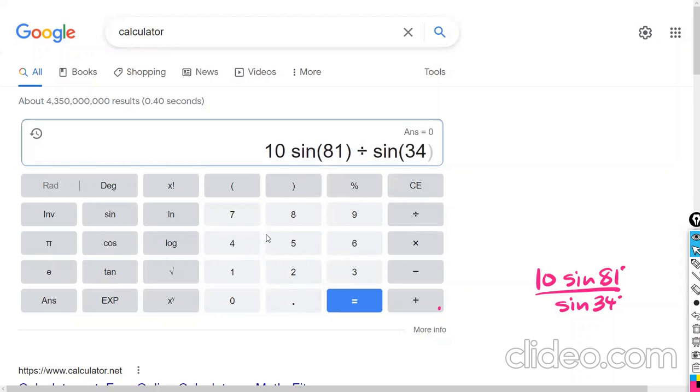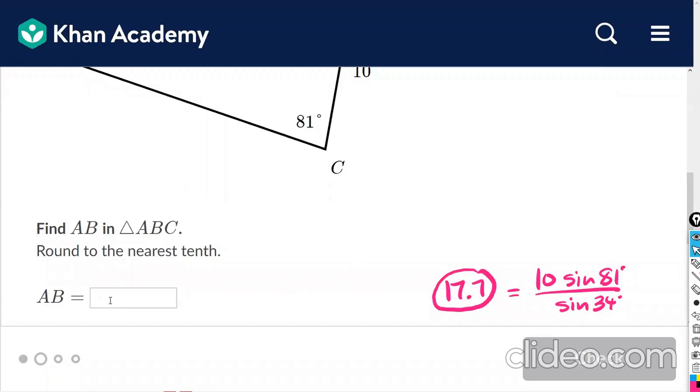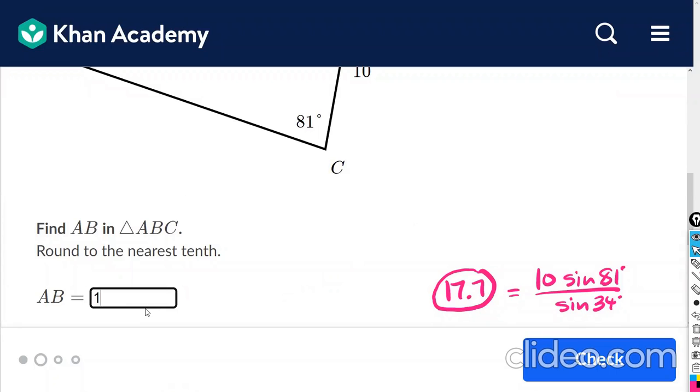Sine of 34. Close parentheses. Okay, there's your equation. Hit equals. And I think they said round to the nearest tenth. So since the second decimal is 5 or more, this is going to be 17.7. So just click inside the box and type 17.7. Nearest tenth is 1 decimal place.